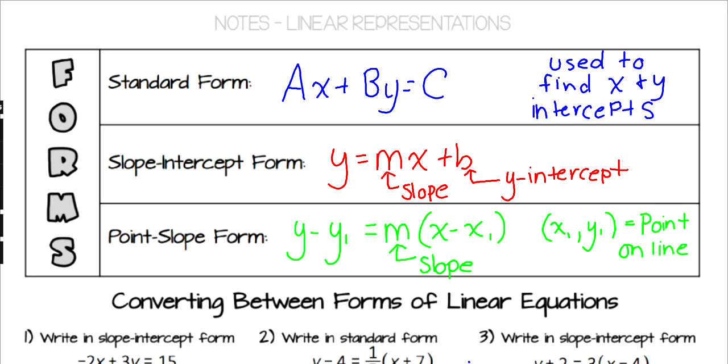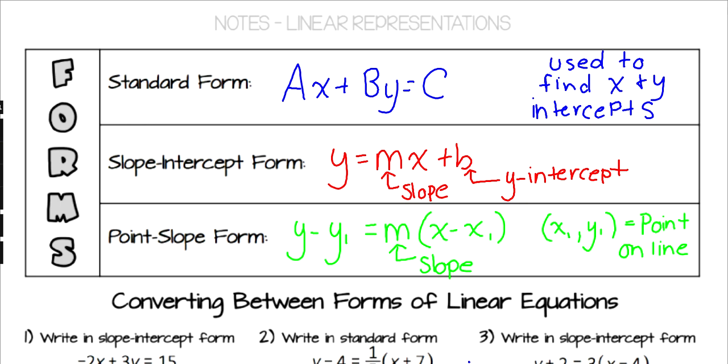In slope-intercept form, it is always giving us the y-intercept. That's the only point on the graph in slope-intercept form that you're going to get is the y-intercept. In point-slope form, we can give you any point on the line, any coordinate pair, and then from there you can use the slope to find the rest of the line. So just a little more variation in that one. So that is point-slope form.